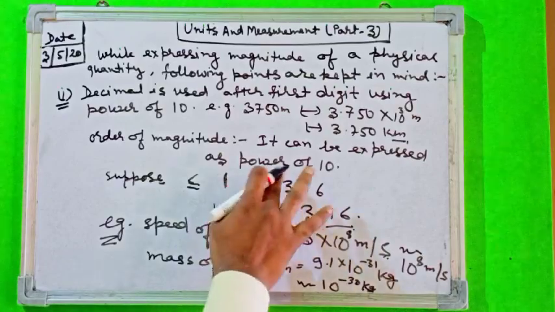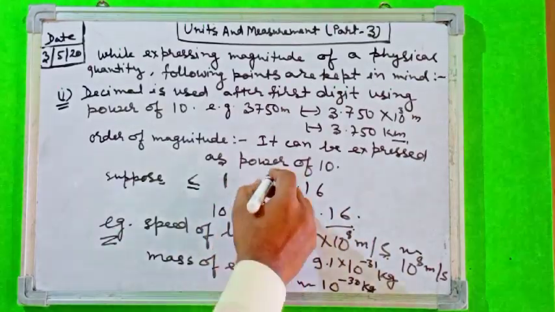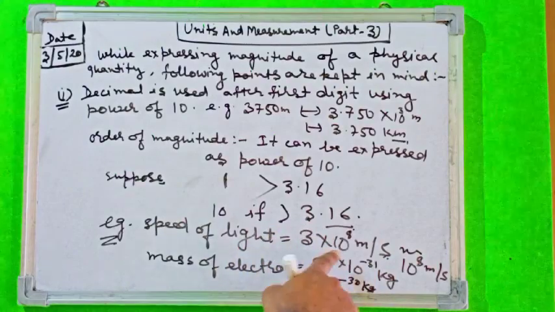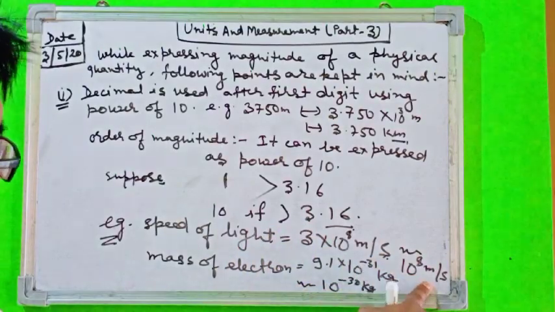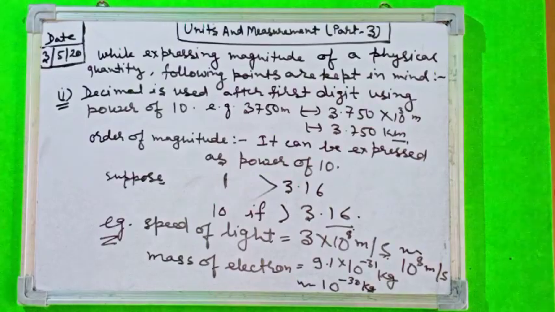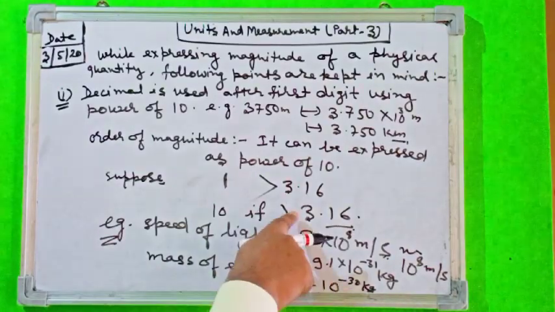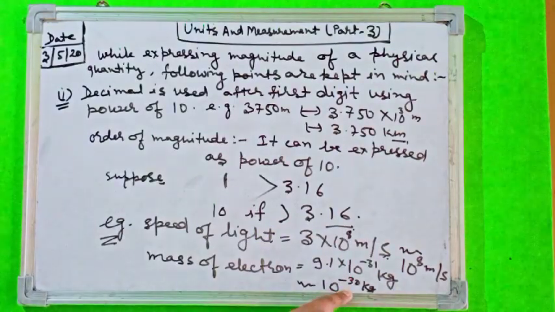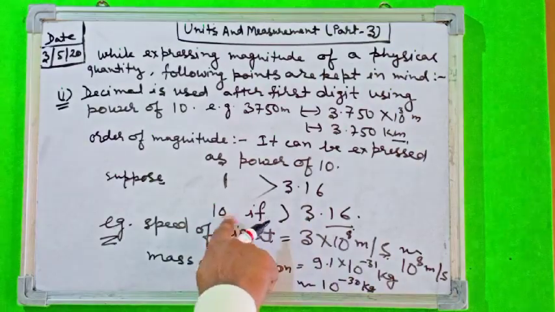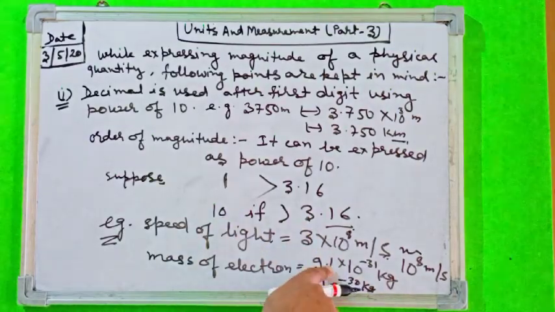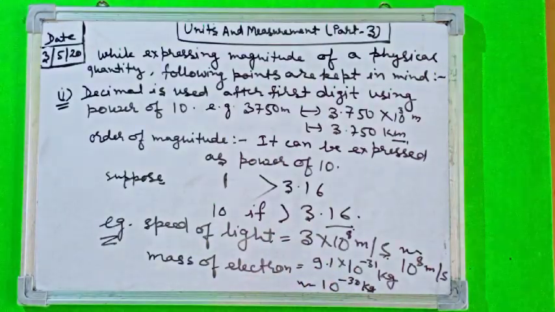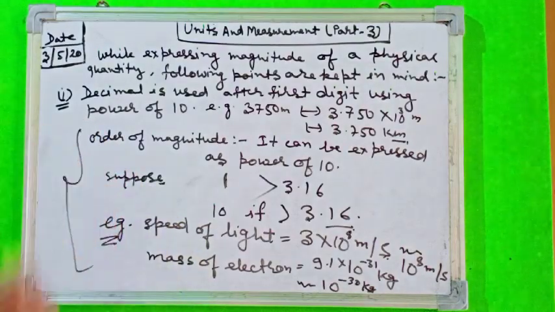Means if the value is less than 3.16, then it is considered as 1 and the range can be written as 10 to the power 8 meter per second. Now look here, mass of electron is 9.1. It is greater than 3.16. So it can be written as 10. Means 9.1 can be considered as 10 and it will become 10 to the power minus 30 kg. So this is about the order of magnitude.